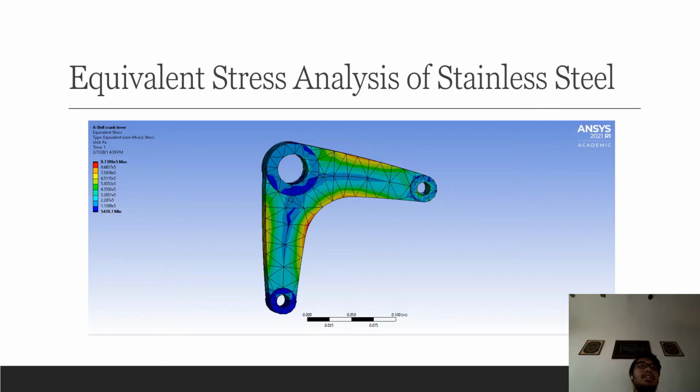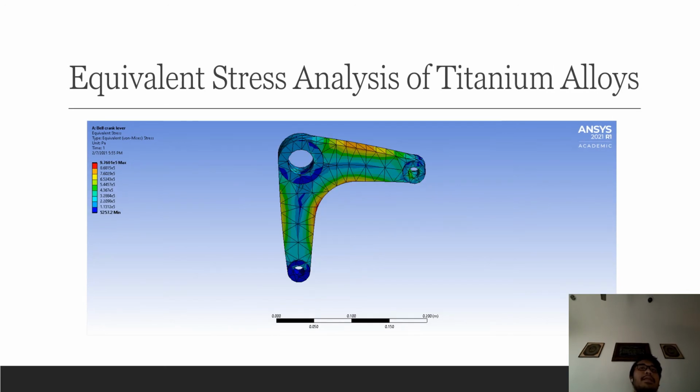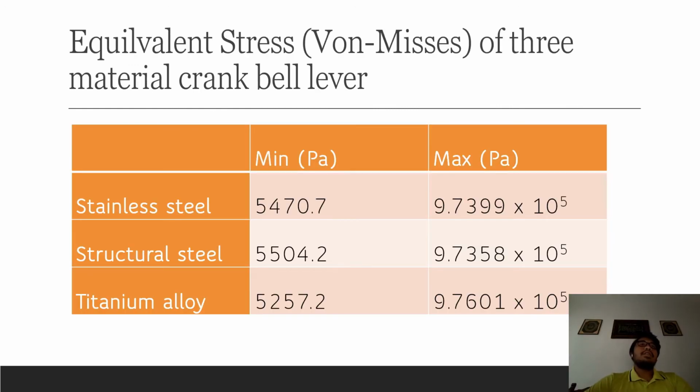As you can see, this is the result of equivalent stress analysis that we ran on the software. This is for the stainless steel, this is for the structural steel, and this is for the titanium alloy. Based on the result from the software, we tabulated the equivalent stress of the three materials.